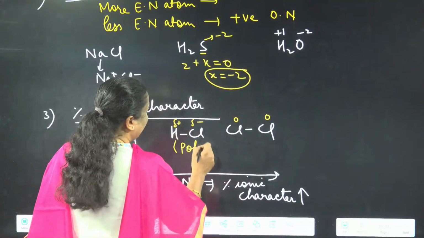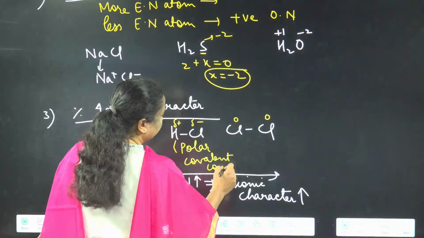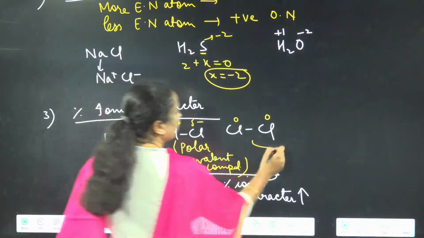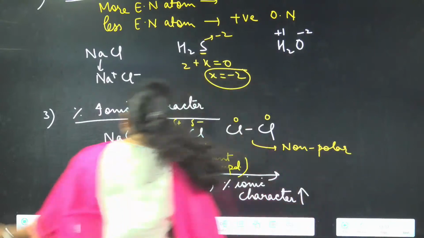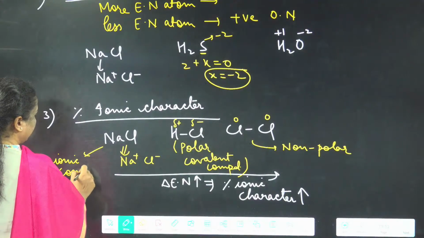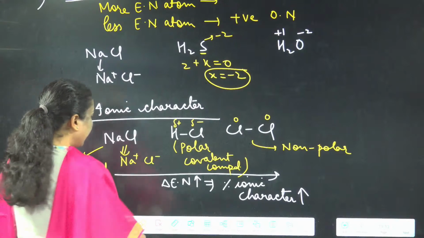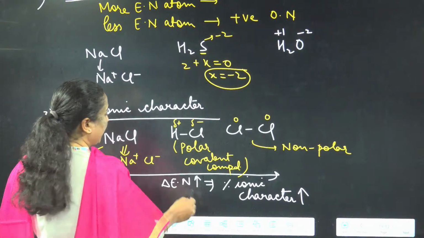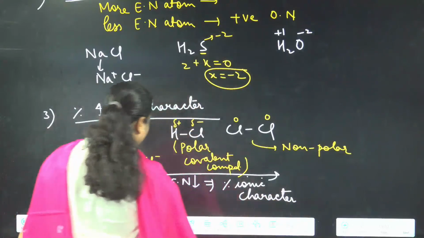This is polar covalent compound, this is non-polar, and this one is ionic compound. Here I should have written ionic at the other end, because the arrow is going in the other direction.